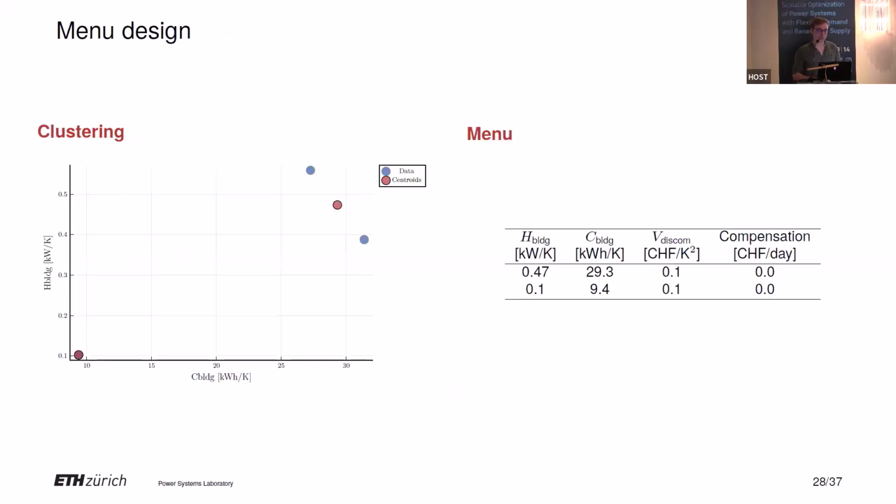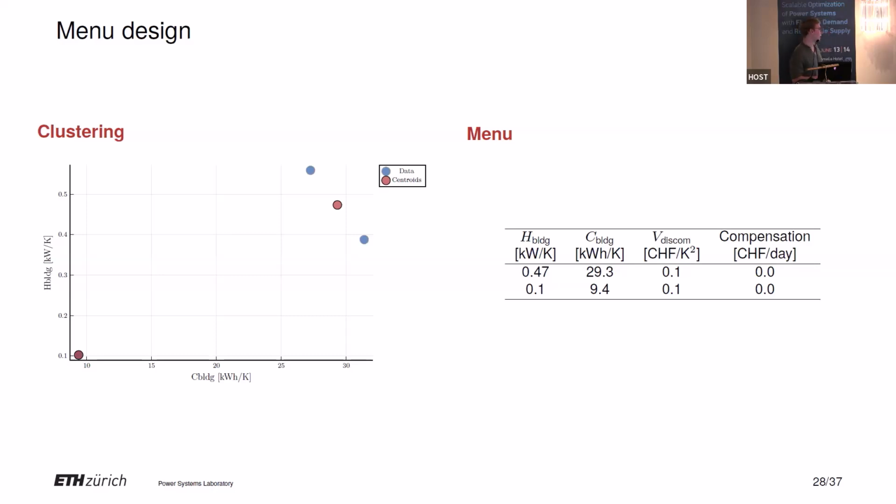The first thing that the DSO is going to want to do is to have a simplified menu that doesn't have as many options as the number of houses in the network, in order to keep simplicity and transparency. And so here, simply, we cluster the buildings depending on the parameters in order to have the different options in the menu.